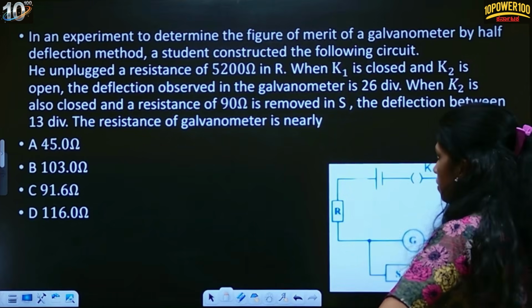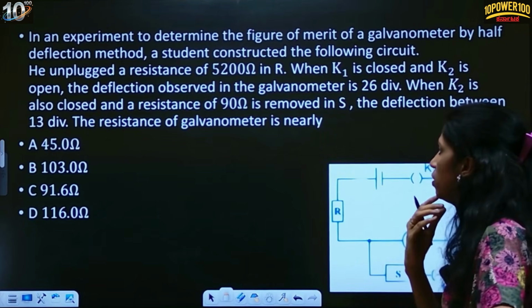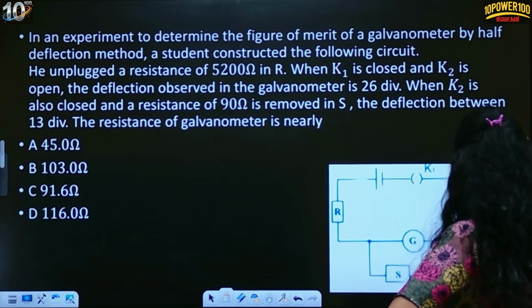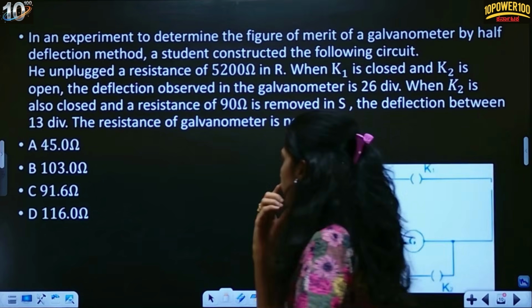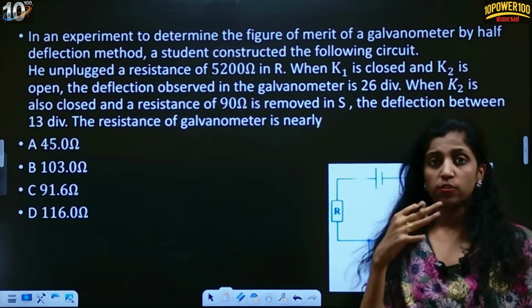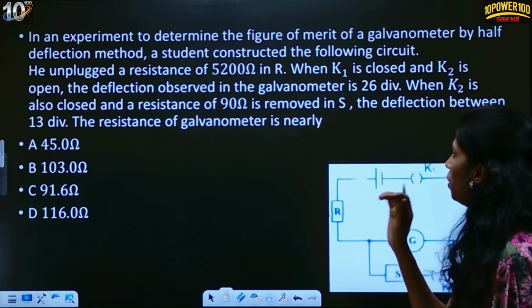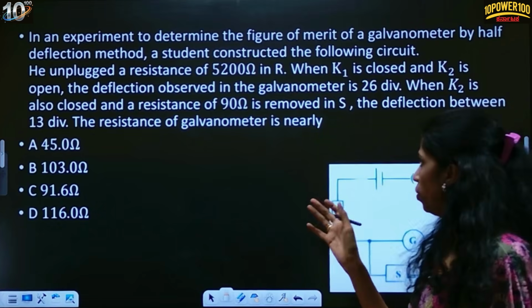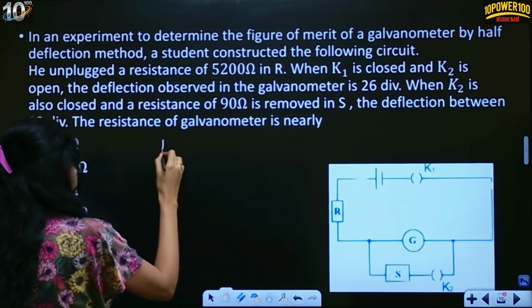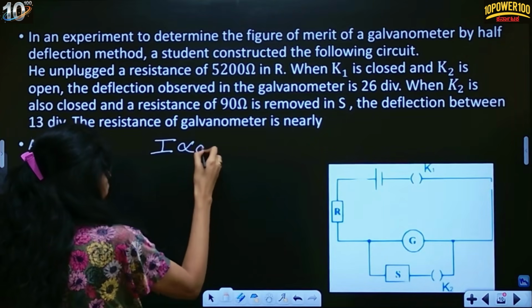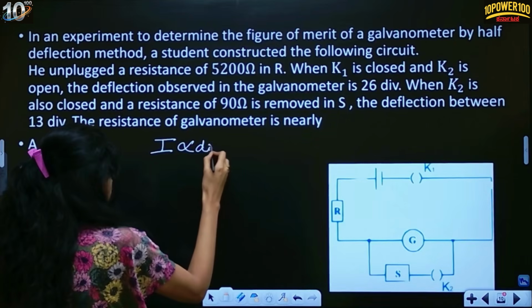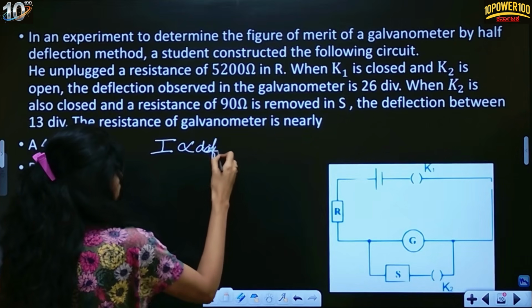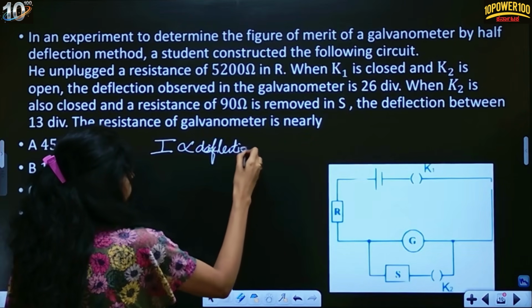So what's the resistance of the galvanometer? How to find this? You have a shortcut method. So I'll directly write the formula, because you might know that current is directly proportional to deflection.